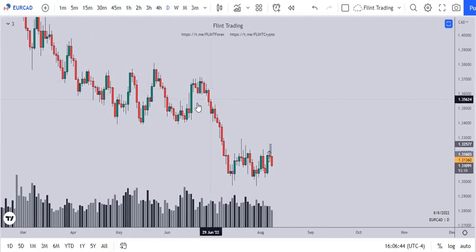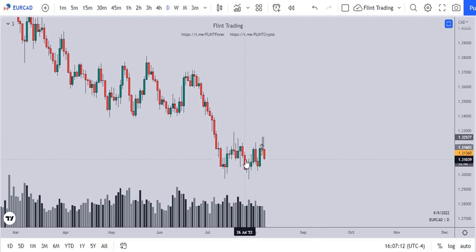I was seeing this as redistribution, and I was expecting price to come up there and do the last point of supply and then fall down, mitigating this order block, because this flipped this demand zone right there. But obviously I was wrong. I was expecting this to turn out an accumulation, but maybe it's just kind of redistribution right there.